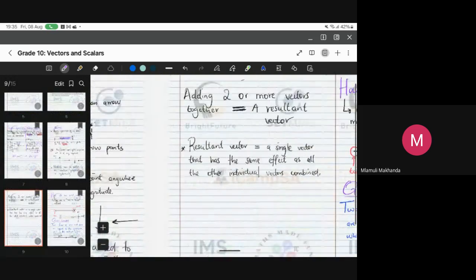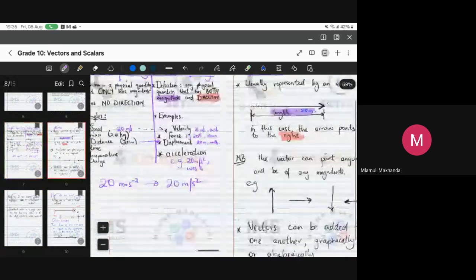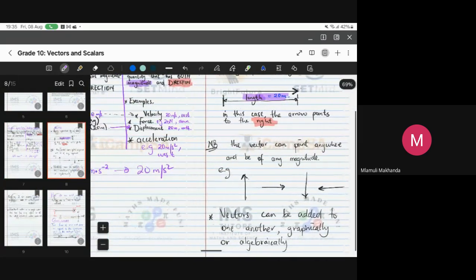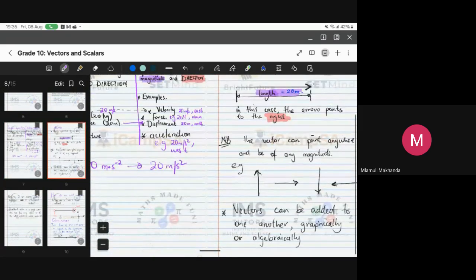And then we learned that a vector can be represented using an arrow. Can be any direction, up, down, left, right, east, west, south, north, and so on, right? And we also learned that vectors can be added together, either graphically or algebraically, right?